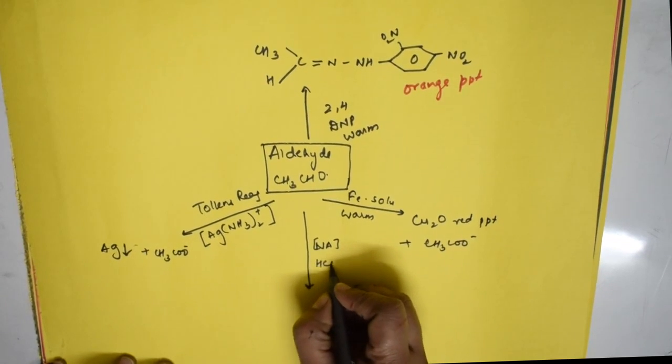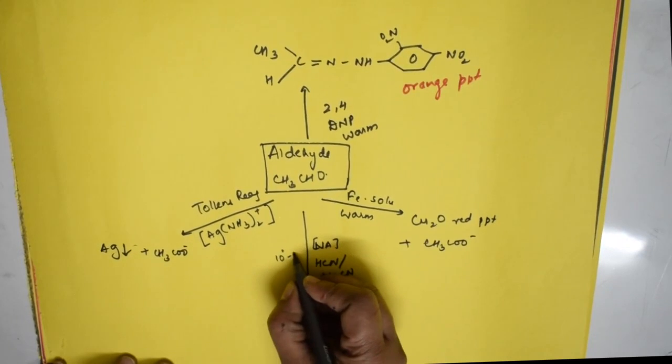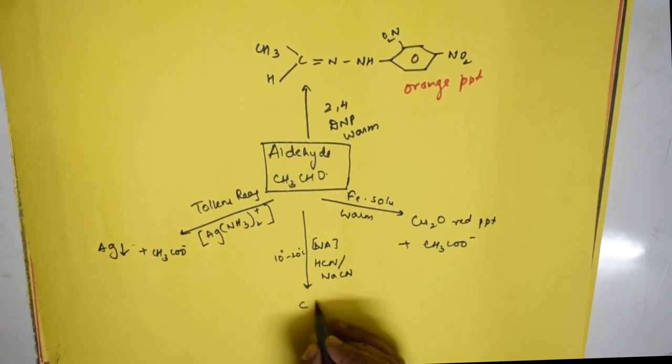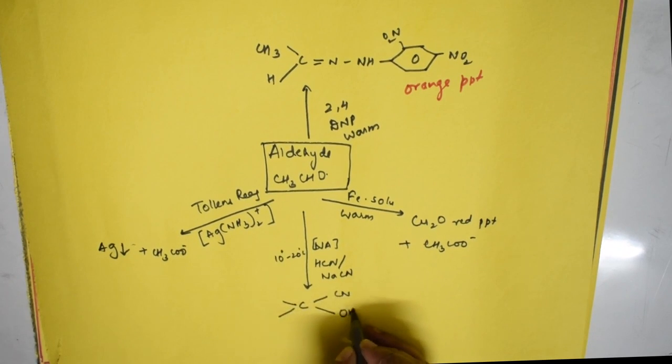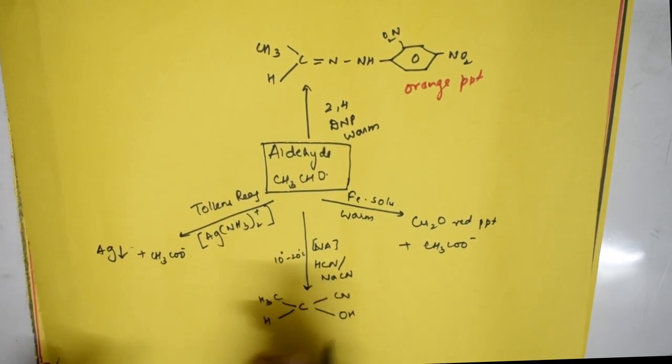I introduce HCN and NaCN at 10 to 20 degrees centigrade, and what do I get? I get cyanohydrin. Remember students, you studied semicarbazide, cyanohydrins, formation of glyoxyl, hemiacetals.